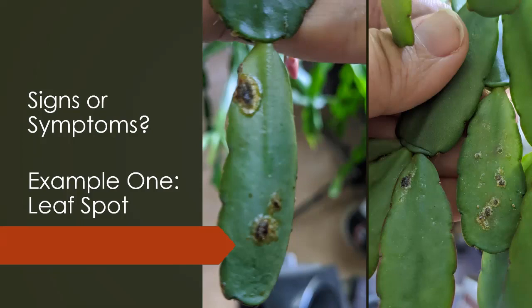Is it because it's a direct action of the thing? A sign is when you actually see the organism itself. Now, can we see a microbe here? No. It's hard to tell. It could be like fungal spores, but we're not exactly sure.